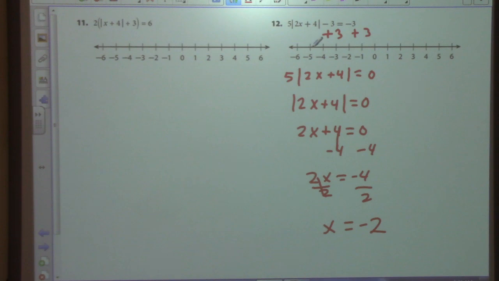And then we can try it in here again to see if that works out. Well, what's negative 2 times 2? Negative 4. Negative 4 plus 4 is 0. 5 times 0 is 0. And we're just left with negative 3 equals negative 3. Check.